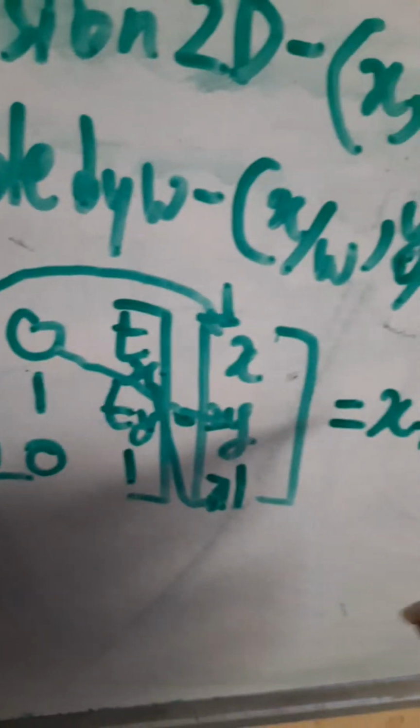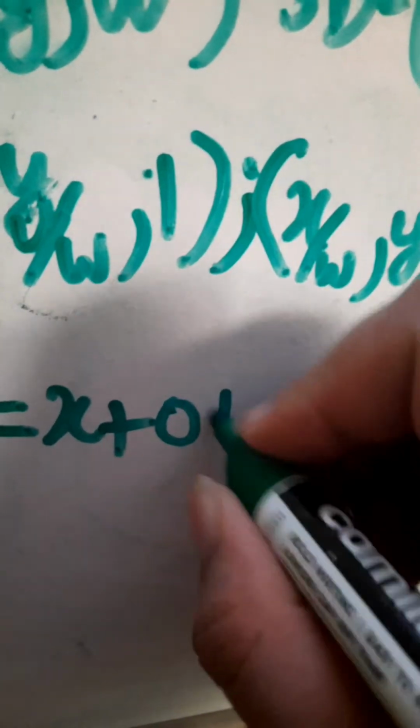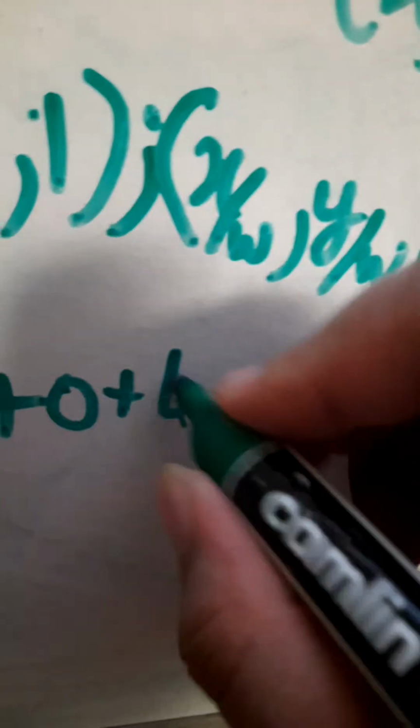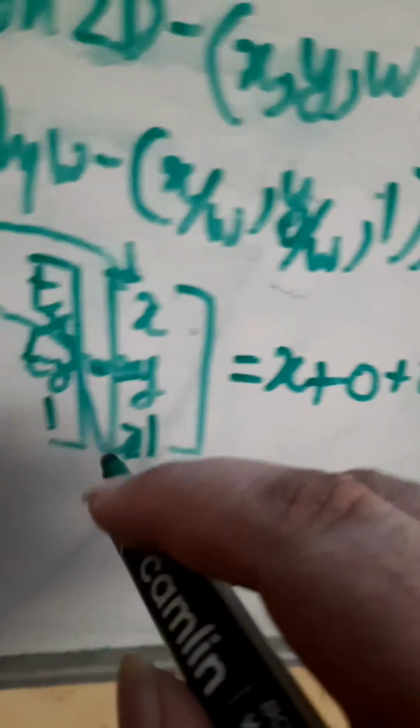So 1 into x is x, then 0 into y is obviously 0, plus tx into 1 is tx. Let's do the same for y.